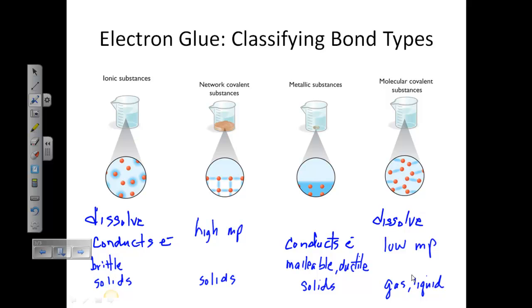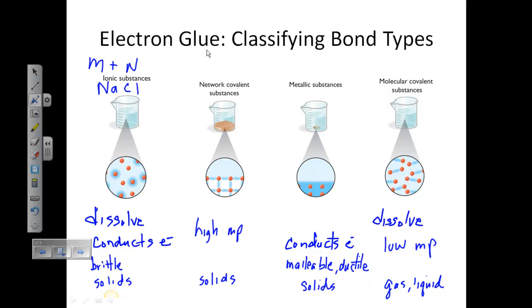Another thing that you can use to identify these is by their element types. Ionic compounds contain metals and nonmetals. An example of this would be sodium chloride. Sodium is a metal on the left, chloride a nonmetal on the right. Network covalent substances have a tendency to be two nonmetals, and they're usually carbon-based.